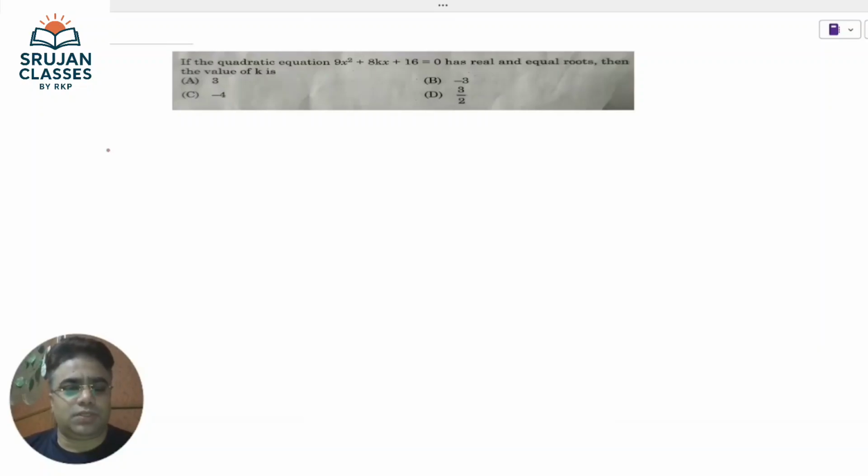Okay, so today I'm here to discuss this particular question. This was one of the most controversial questions of class 10th CBSE, right? Over here in this question, people were claiming that multiple options were correct.